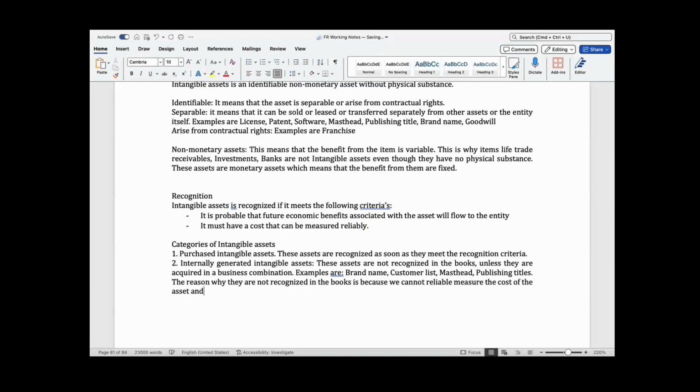Not only that, the future benefits from the assets cannot be measured reliably. So both the costs, we cannot say this is how much we spent, and the benefits, we cannot say this is how much we are benefiting.